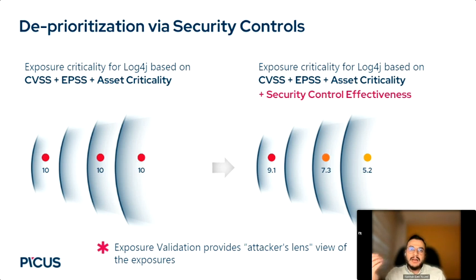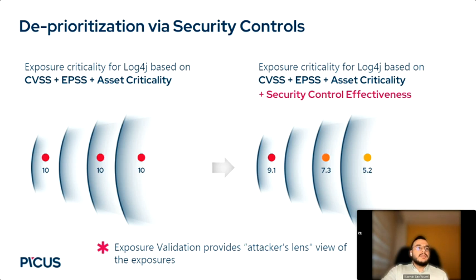So we have to factor in security control effectiveness when we calculate prioritization efforts. Without it, we had to prioritize all the vulnerable assets. However, if we take security control effectiveness into the equation, we can deprioritize certain assets and focus on the most vulnerable ones first.